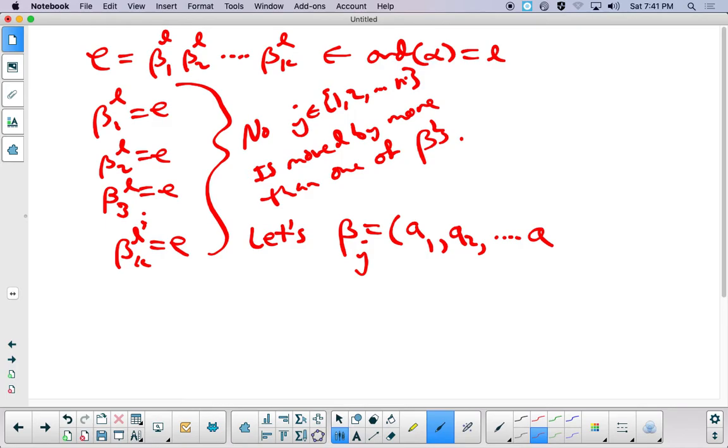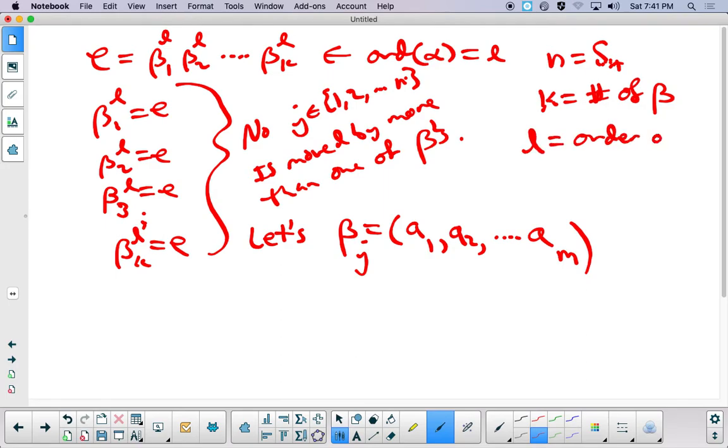And let's see, in the context of, well, I guess we can call this M, because in the context of our stuff, N is being driven by Sn, and K is the number of betas, and L is the order of alpha. And I'm wanting to look at I's and J being in the set 1, 2, all the way up to N. So M is a convenient way of doing this.